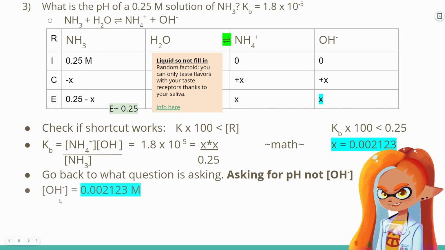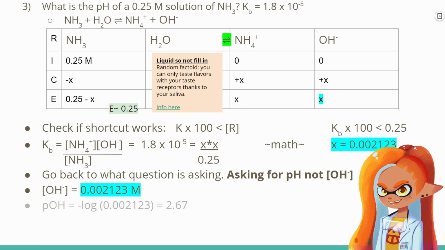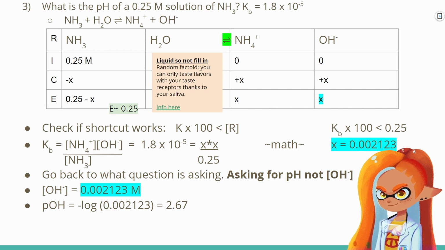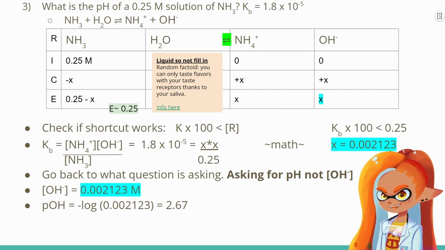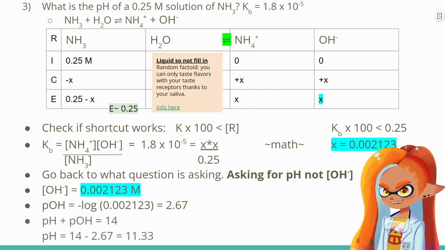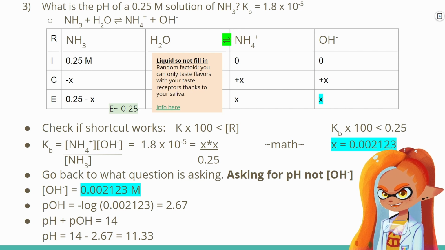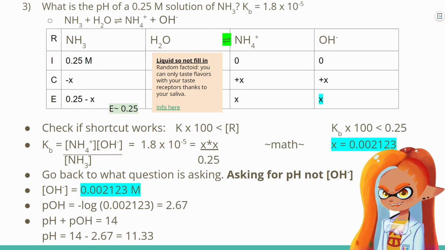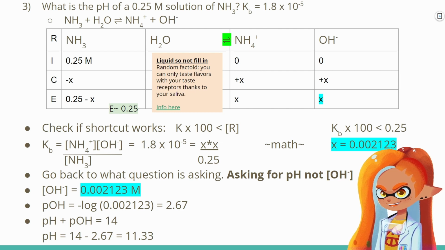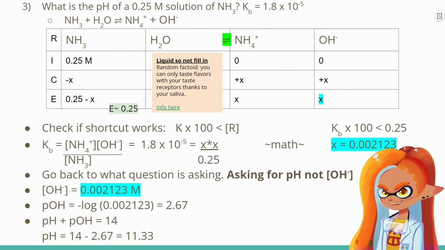I have the hydroxide concentration, so I can calculate pOH because I don't have H plus directly. I got it as 2.67. And then I can go to the other equation on our constant equation sheet, which is pH plus pOH equals 14. So I plug in pOH there, do some subtraction, and then I get 11.33.